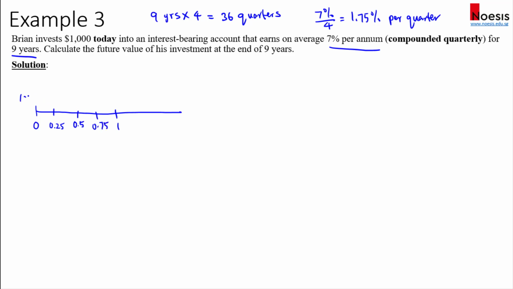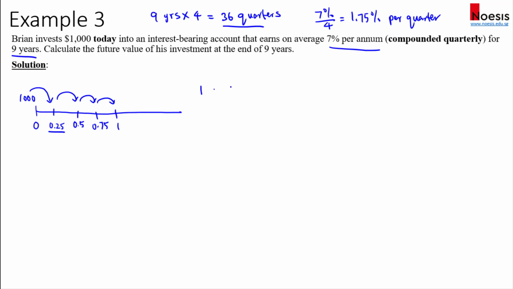So when Brian invests $1,000 here, it will be invested, okay, so up to first quarter, they'll calculate the interest, and then it will be compounded to the next quarter, and the third quarter, and for the last quarter, and then they'll be for 1 year. Now imagine that this will continue on for the whole 36 quarters.